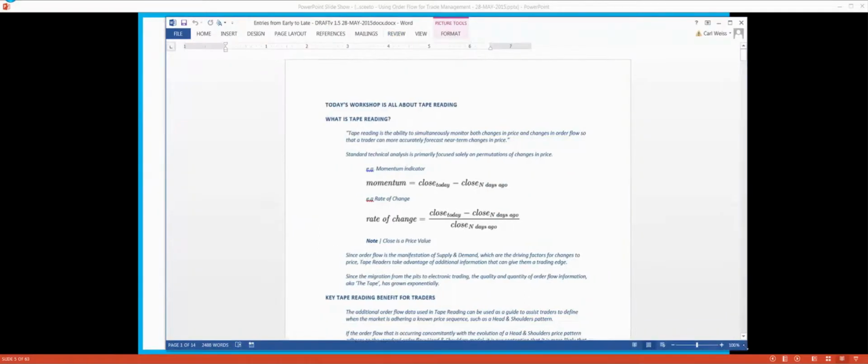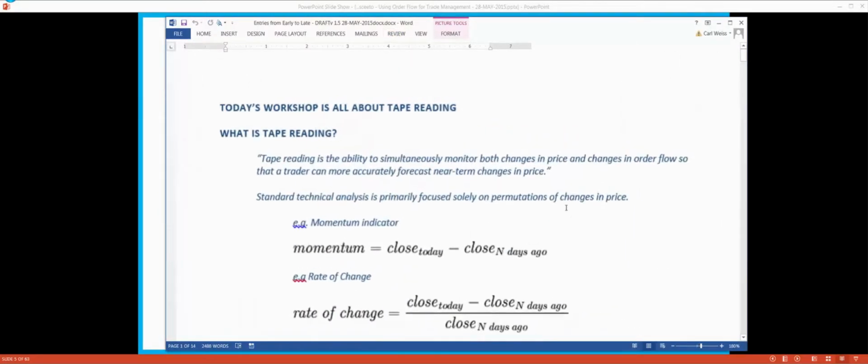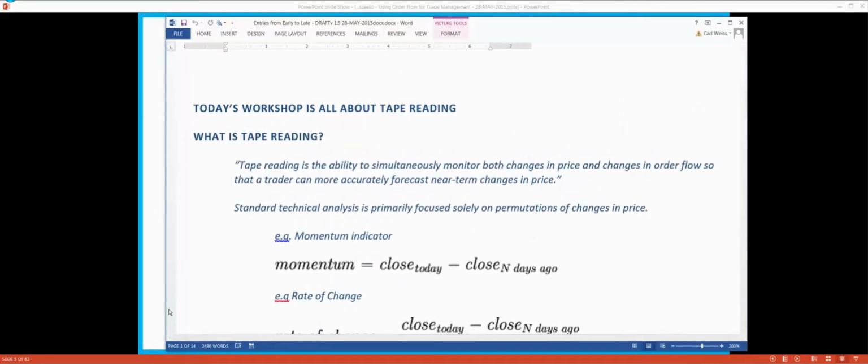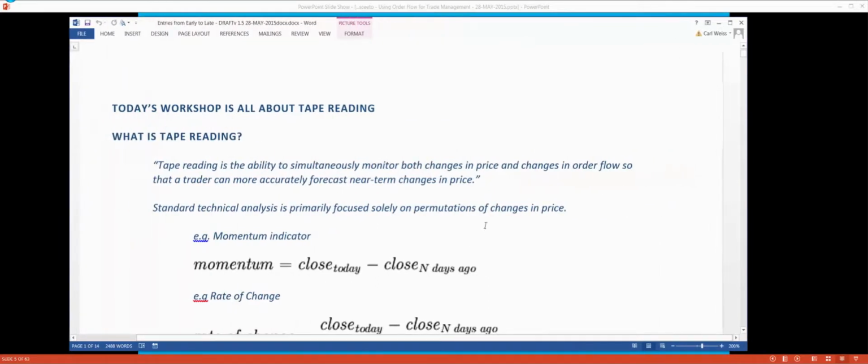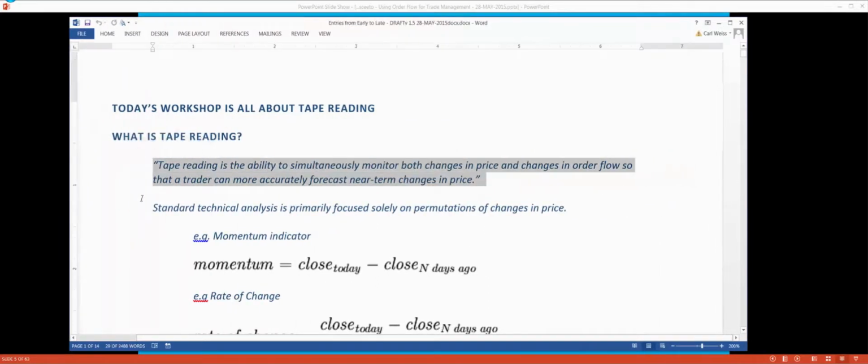So first and foremost, let's just discuss what is tape reading, because that's what we're talking about today. And this is probably the most important foundation that we can all agree to. I'm sure everybody has a different definition of what tape reading is or is not, but this will be our working definition, and we'll be explicit about this so we can always come back to these things and say, this is what we mean.